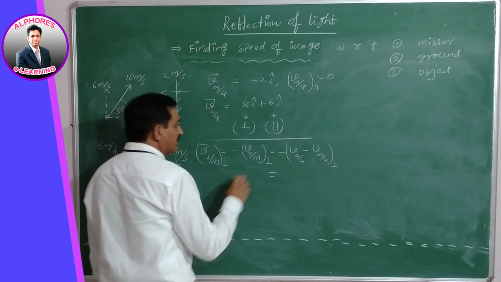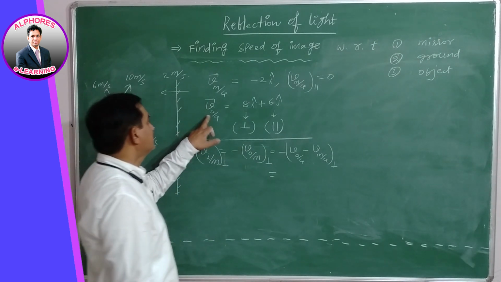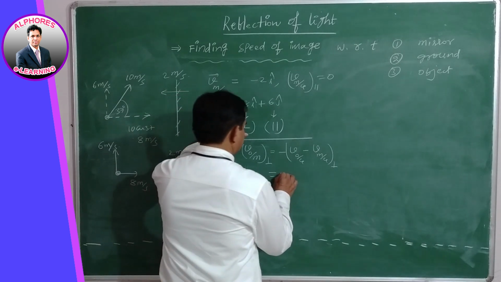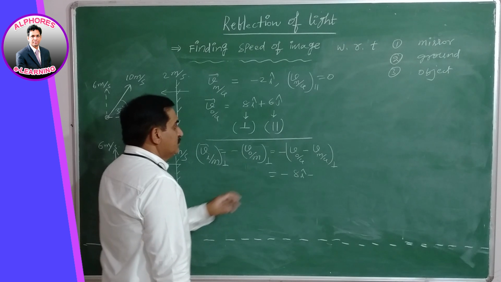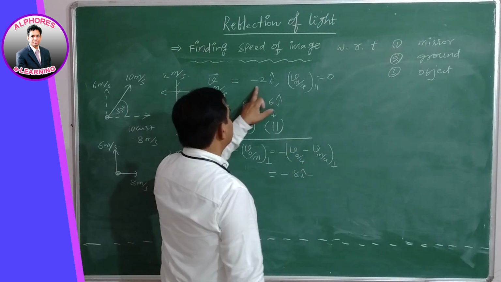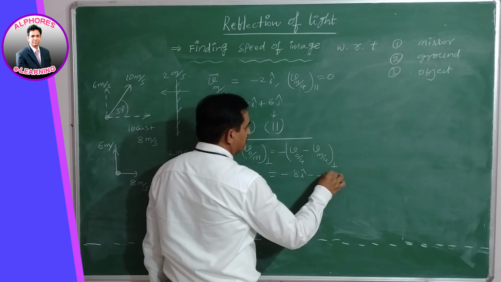Substituting the values: object with ground perpendicular component is 8i, minus the mirror with ground, which is minus 2i.